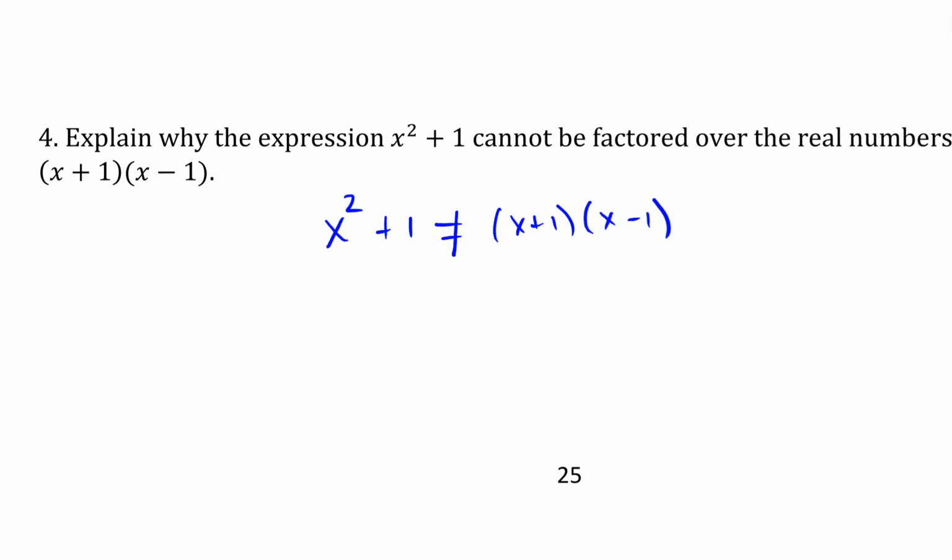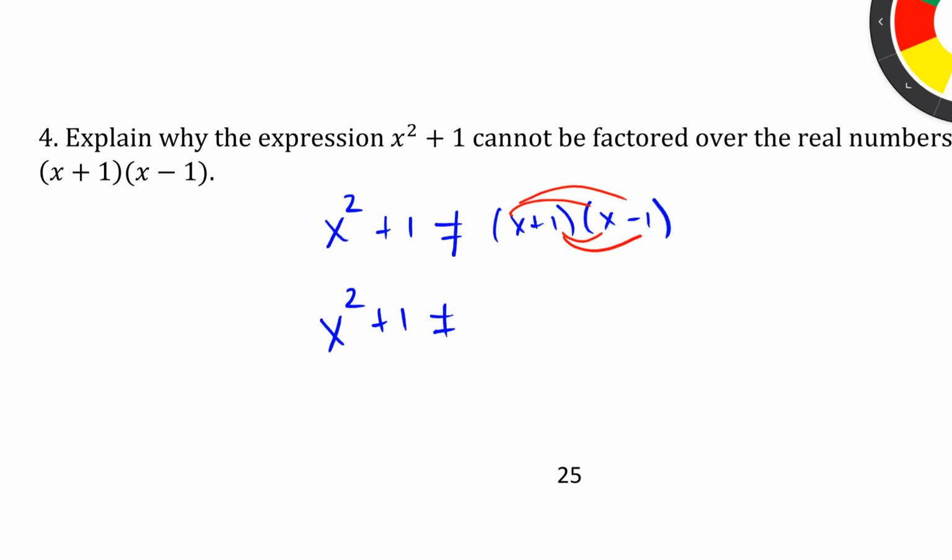I don't know anything I can do with x squared plus 1, so I'm going to work on the right-hand side of this equation. I'm going to say x squared plus 1 is not equal to... and since I've been doing a lot of tabular in class, I'm just going to do some distributing here. I think it's a little easier for these two-term conjugate pieces anyway.